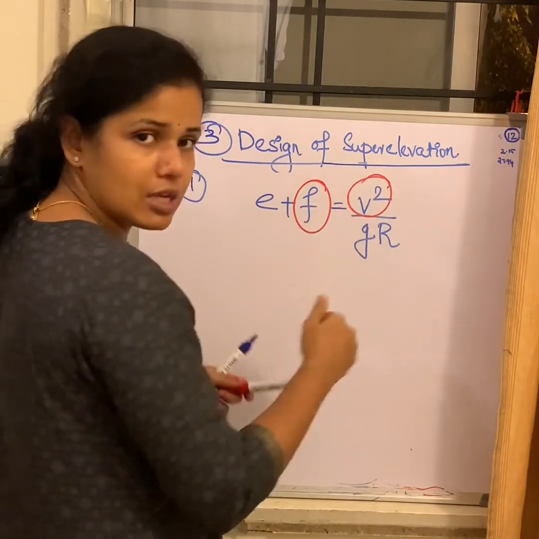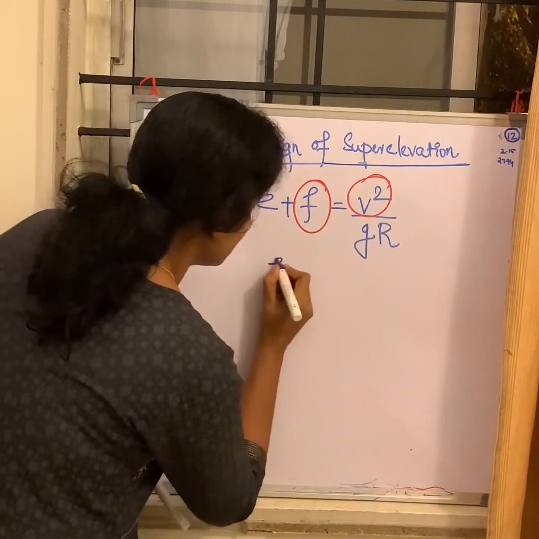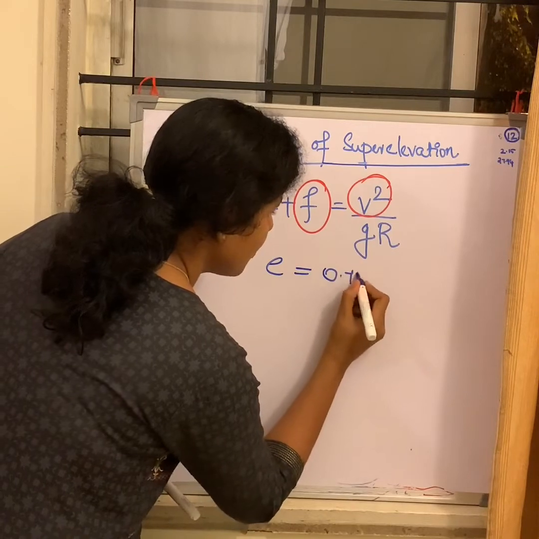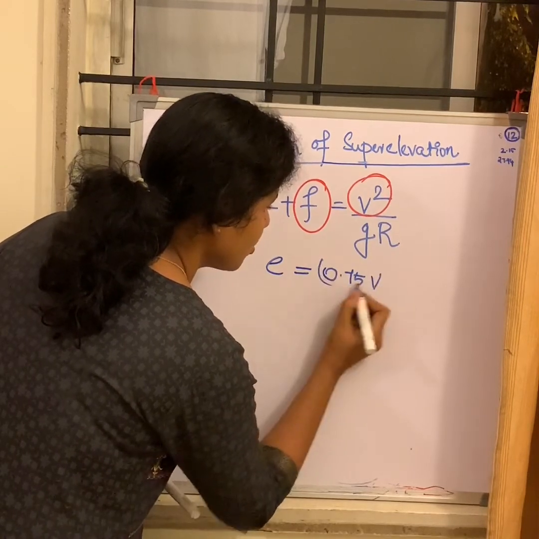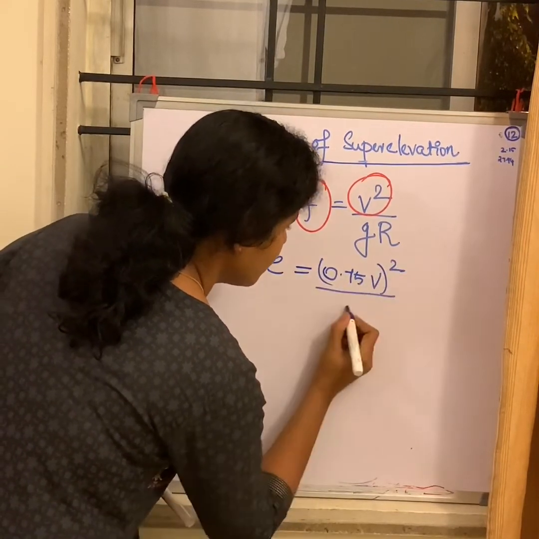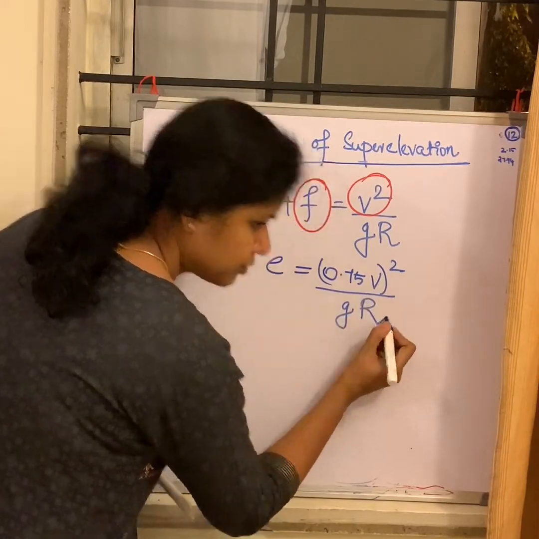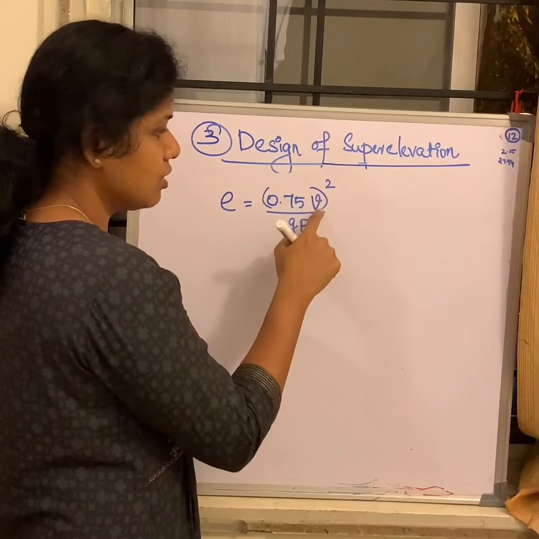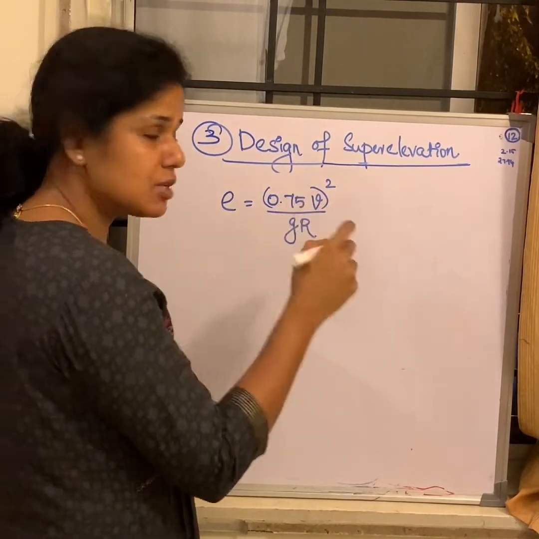So let's rewrite this equation. E is equal to, V will change to 0.75 V, squared, divided by gR. E is equal to (0.75 V) square by gR. Please understand this V is in meters per second.